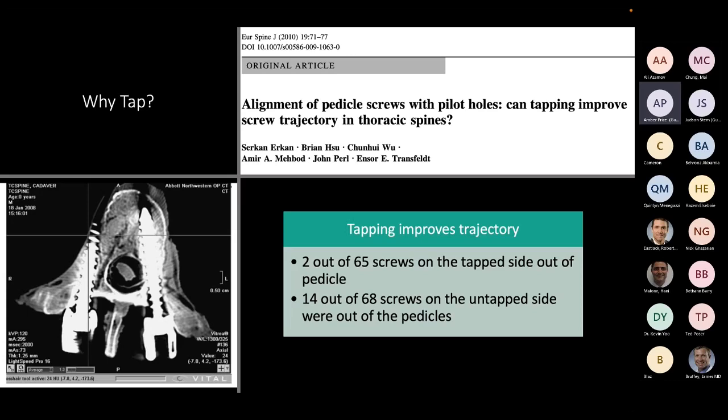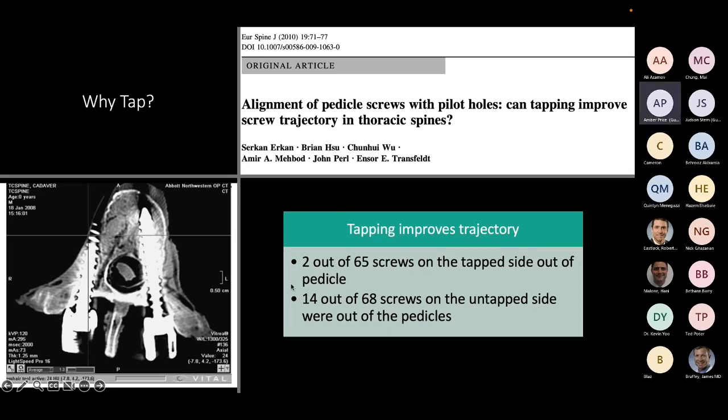It's also really important in really tough bone because you can actually blow out the pedicle screw due to increasing hoop forces of the pedicle. So tapping does have its place, but in poorer bone you should think about maybe not tapping, just because you're reducing that bone volume so significantly.